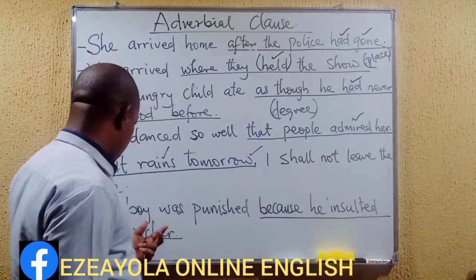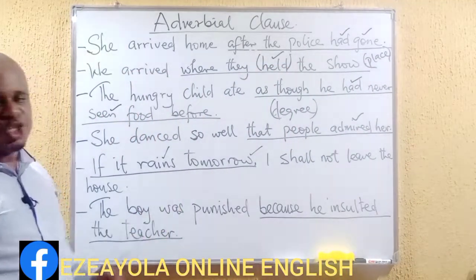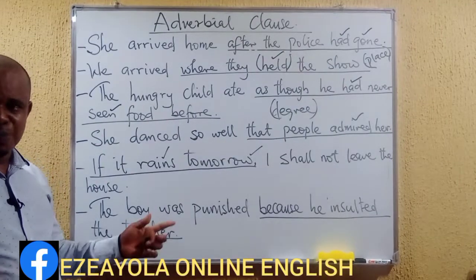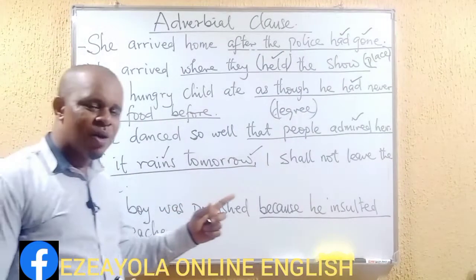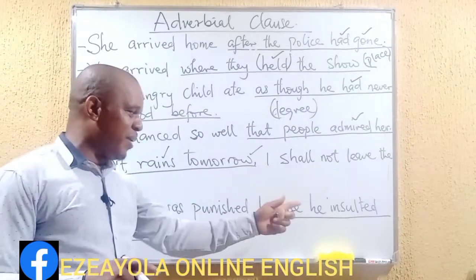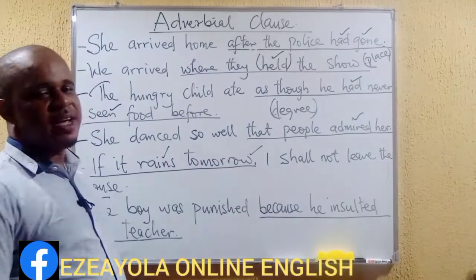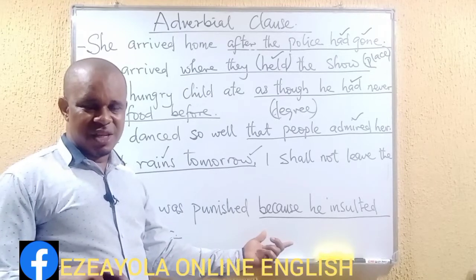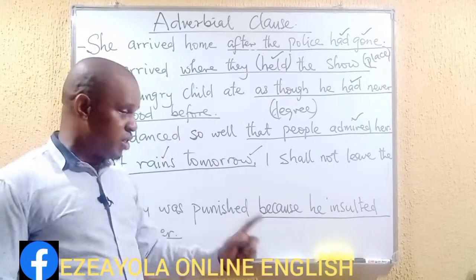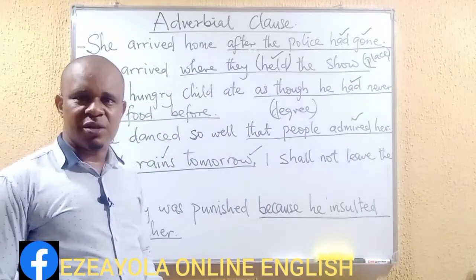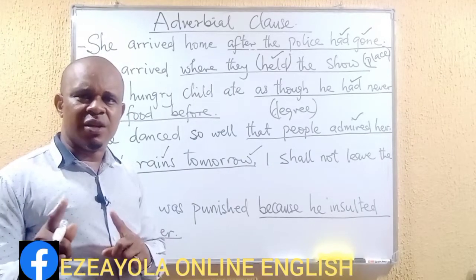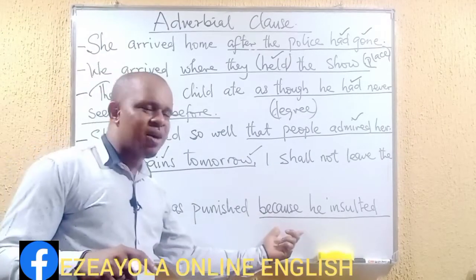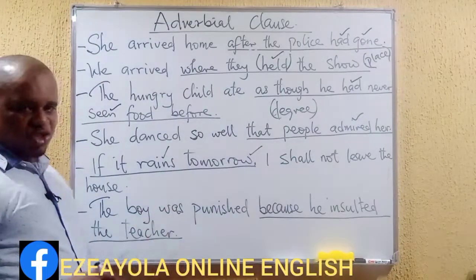Now, finally, we have the boy was punished. Why was the boy punished? Because he insulted the teacher. Common sense will tell you that this is telling us the reason for the boy's punishment. What was the reason for the boy's punishment? Because he insulted the teacher.